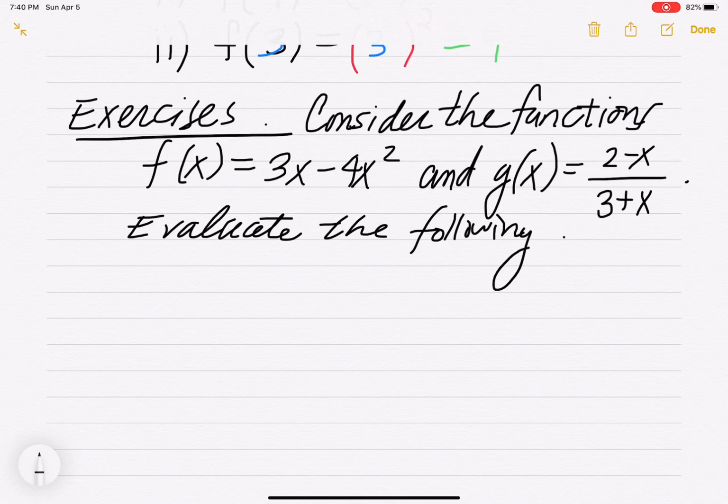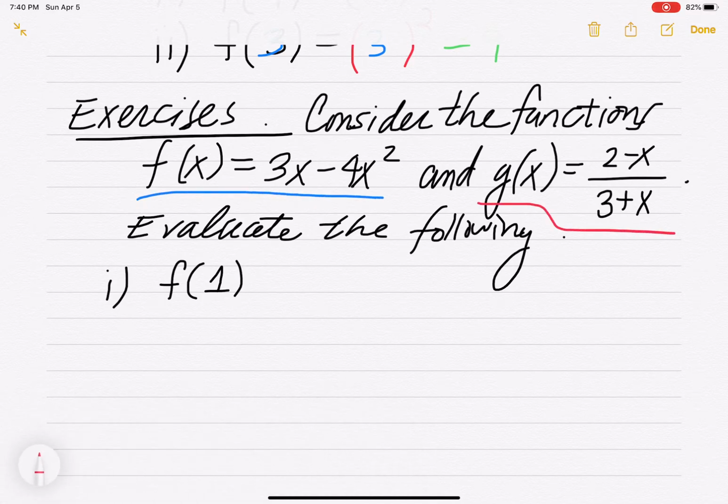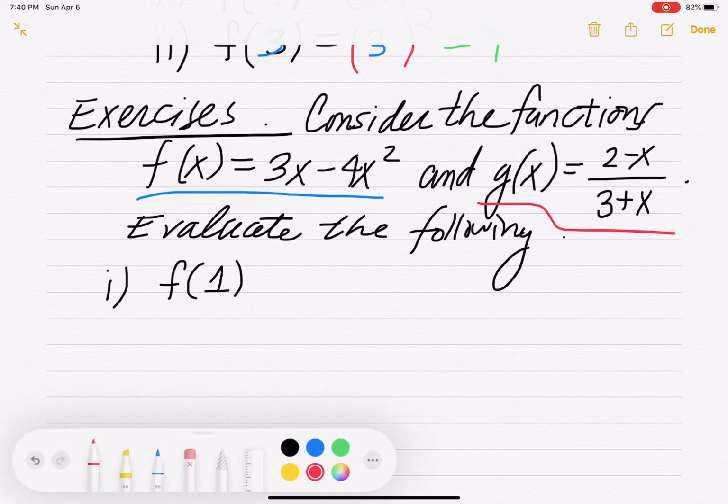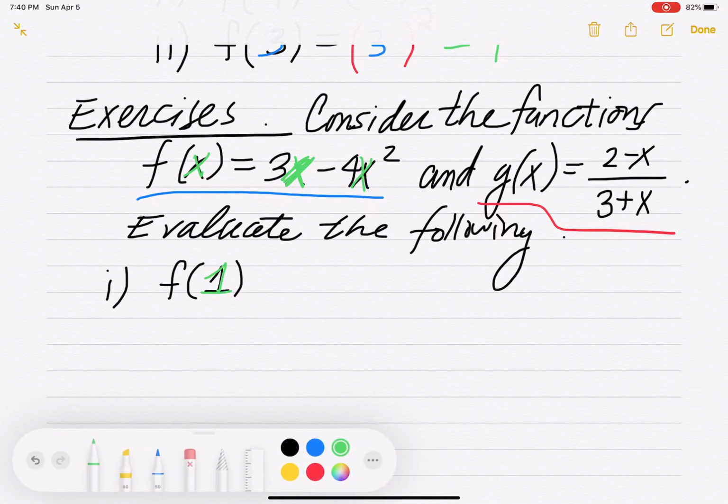All right, number 1. We want you to find f of 1. I'm going to call the f the blue function, and the g I'm going to call the red function. So we're plugging in a green; the x value is 1 here.